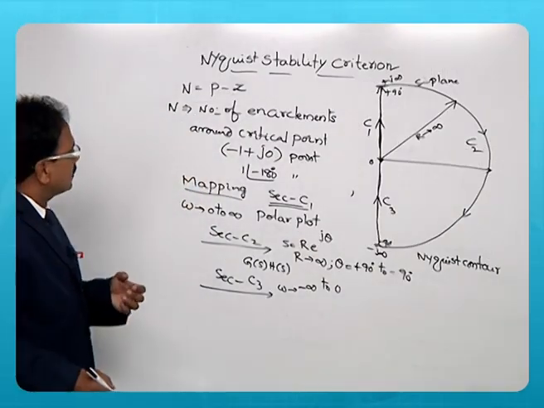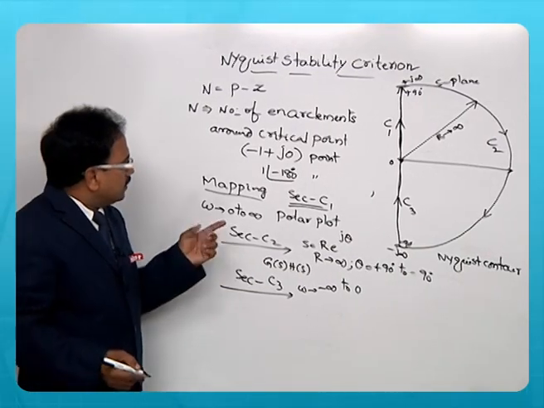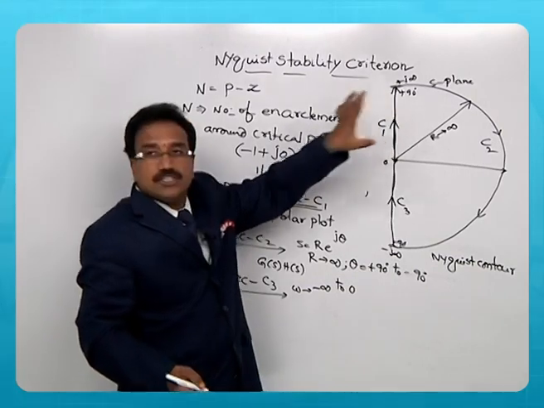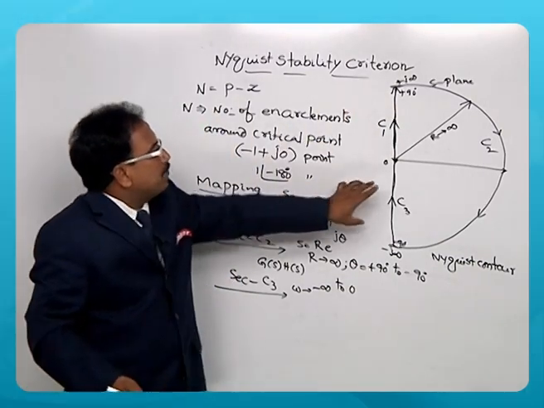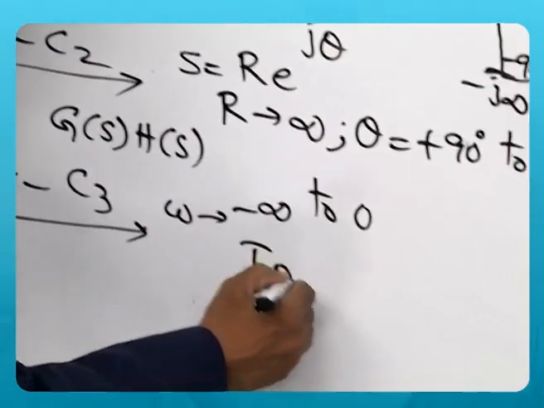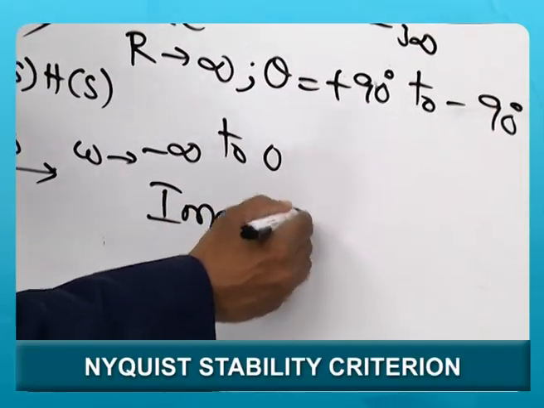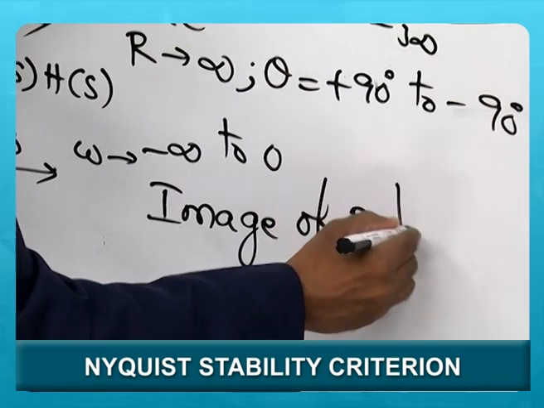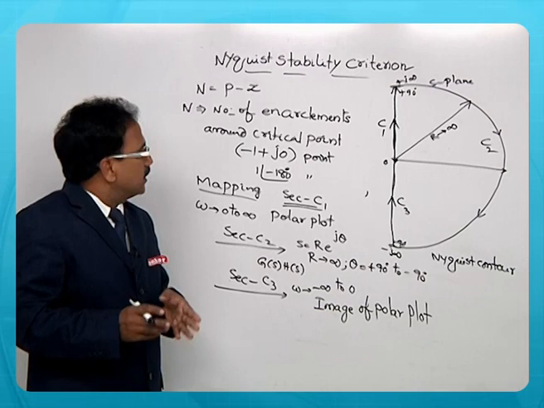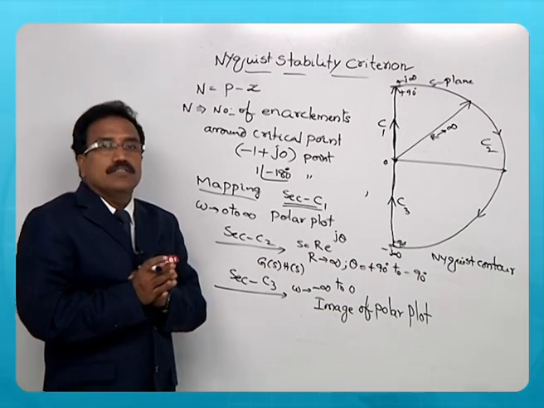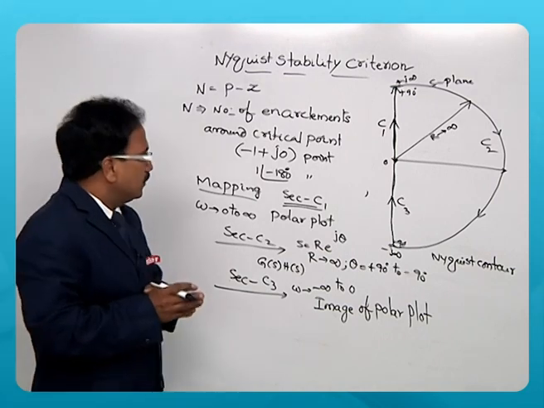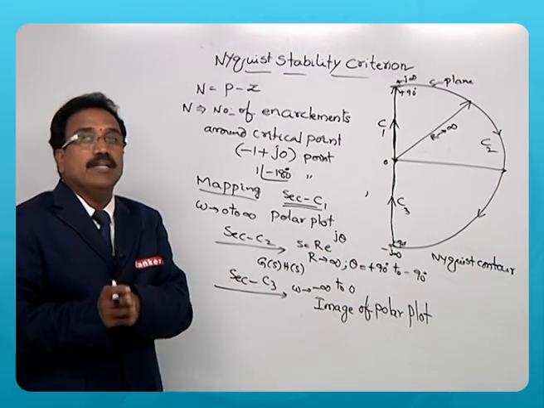You have seen that omega equal to 0 to infinity gives the polar plot for the mapping of section C1. Then the mapping of section C3 is nothing but the image of the polar plot. So this way all three sections must be mapped into the G of S into H of S plane.